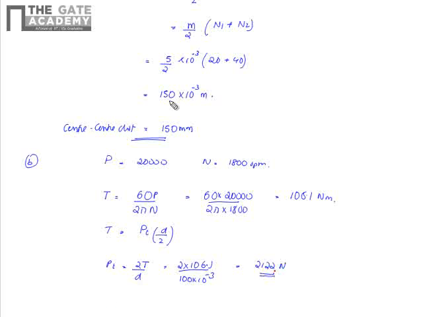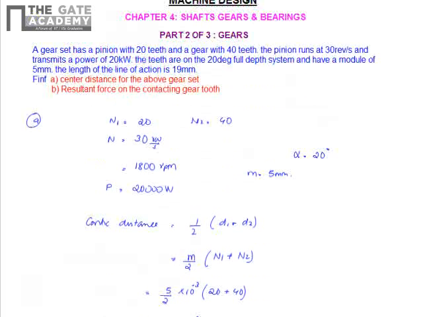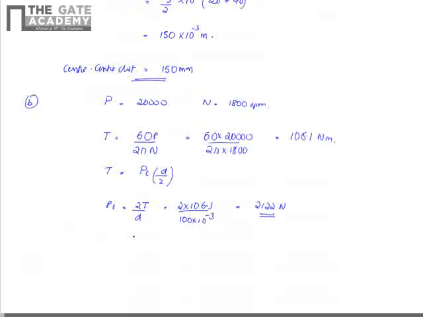So what will be the resultant force? The resultant force on this contacting system: we know that the resultant force P will be equal to Pt by cos alpha. So that will be 2122 divided by cos of 20. This will be 2258 newtons.